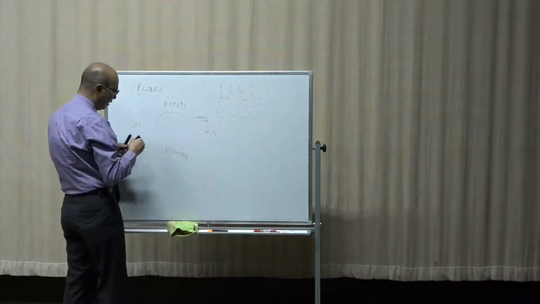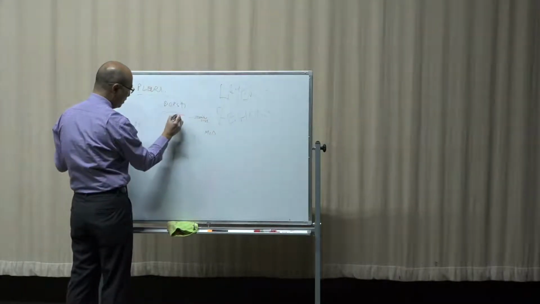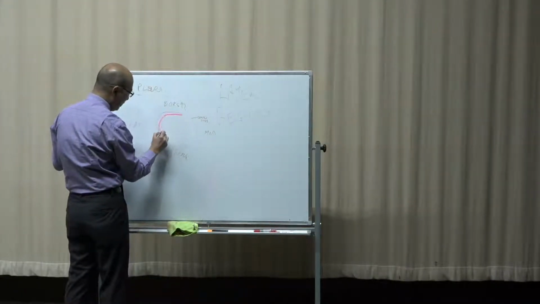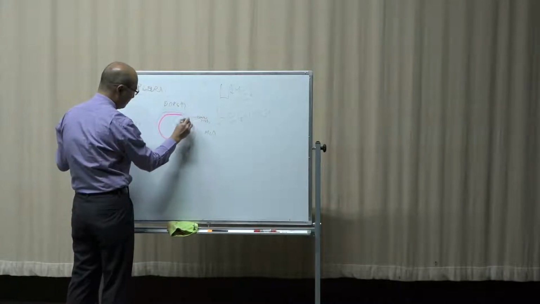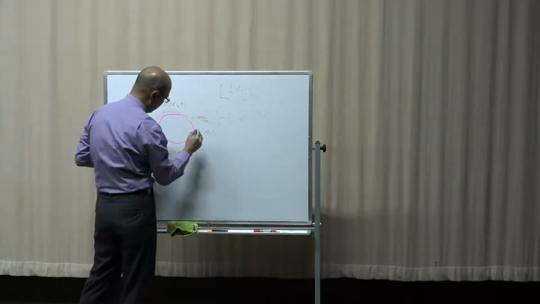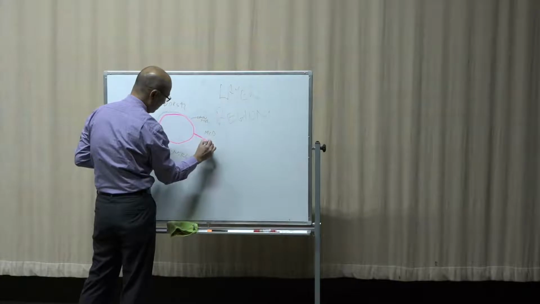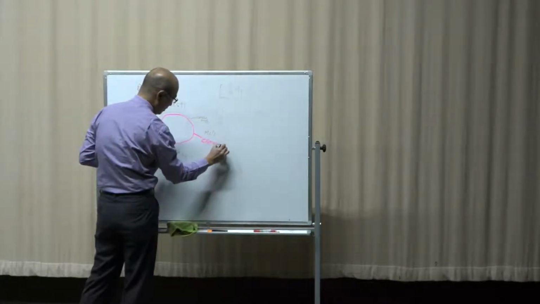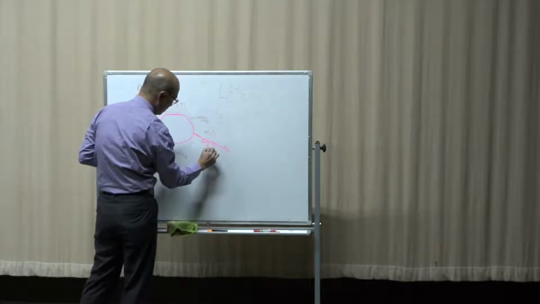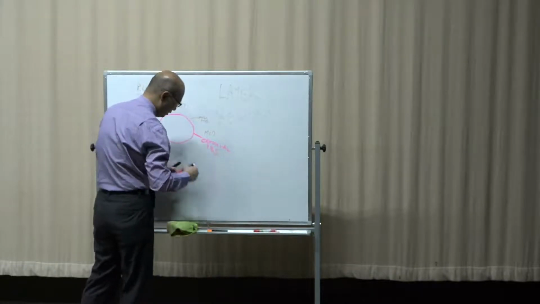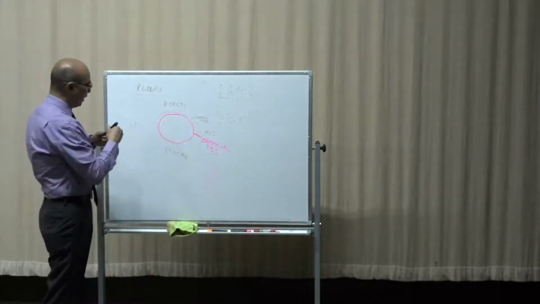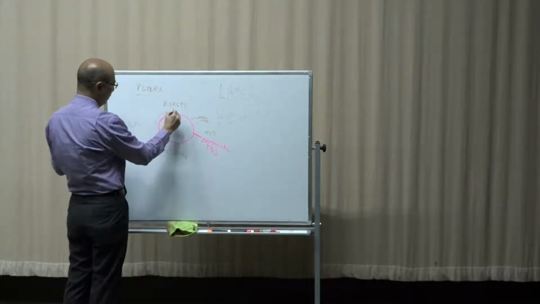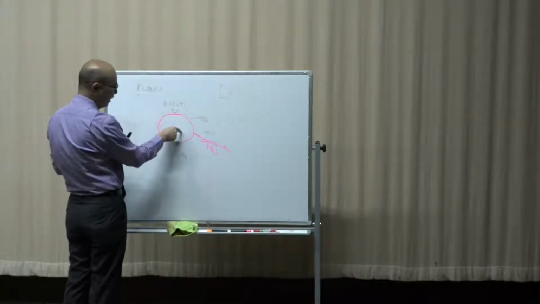And the next deep layer would be epithelium. Now the key thing about this is that something like a lung is going to grow into this area, but it's actually never going to get into this.